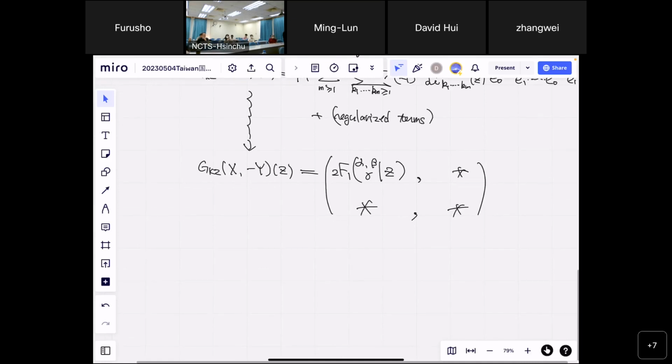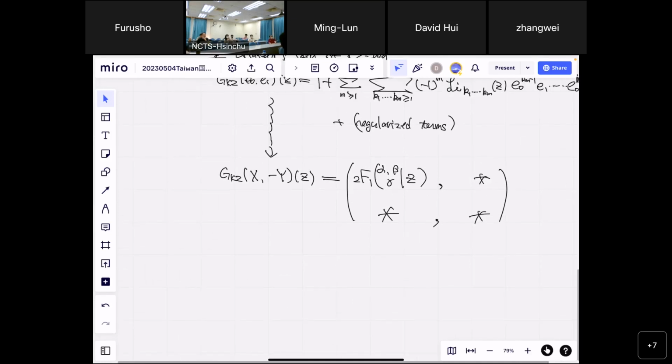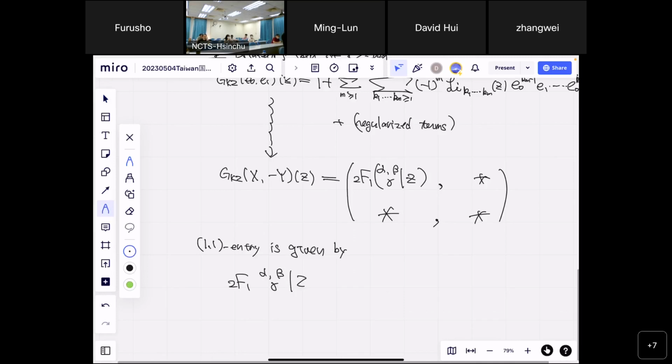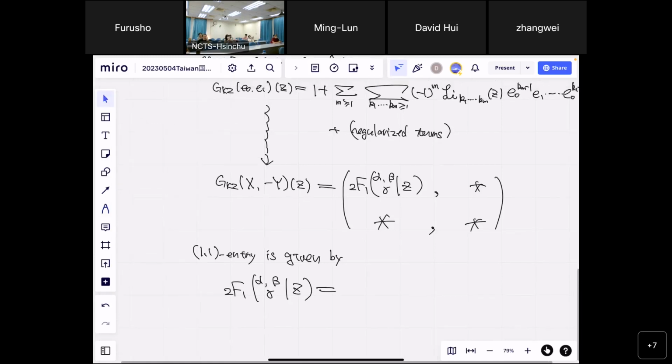And there's a very nice formula which was shown by Oi. The 1,1 entry is given by this. This is the right hand side. What is the left hand side? The 1,1 entry is the left hand side.